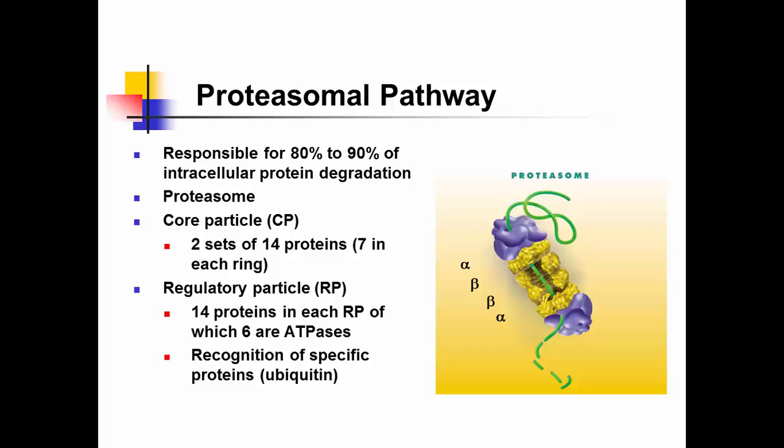Here is the structure of the proteasome. It contains two parts. First is the core particle, which has two sets of 14 proteins, and each alpha or beta ring actually has 7 proteins, right? You have two duplicate sets of alpha and beta rings in the core part.